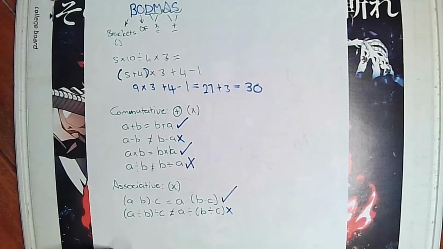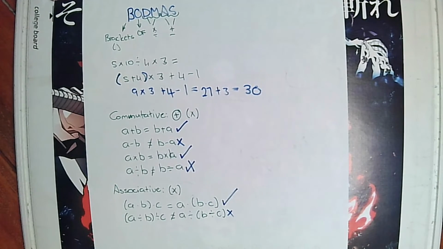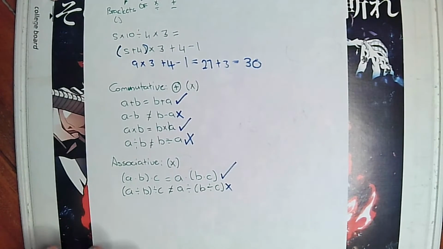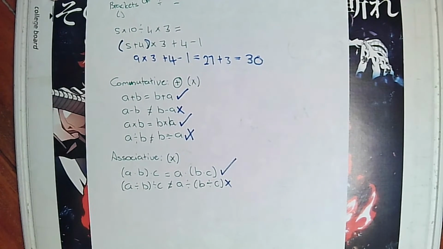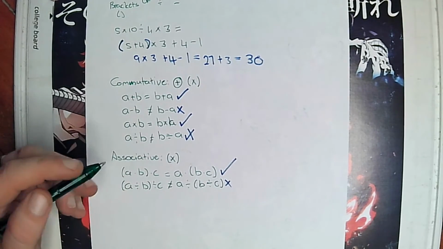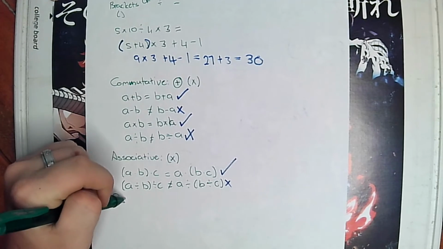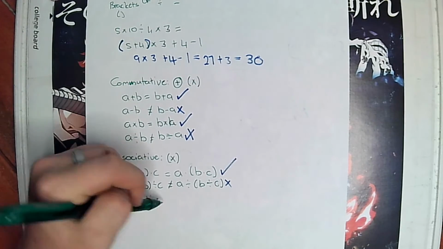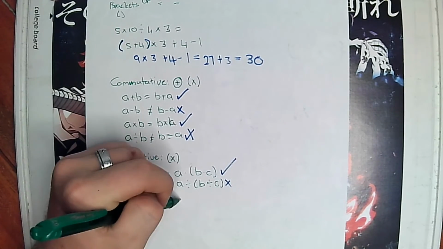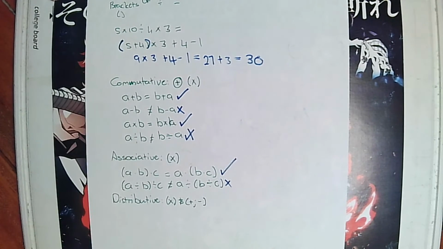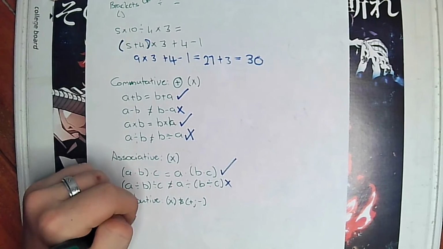Now let's look at the distributive law. So the distributive law is sort of a mixture between addition, subtraction, and multiplication. So let's take a deeper look at it. What the distributive law tells us is that, say we have something like A times (B plus C), right?